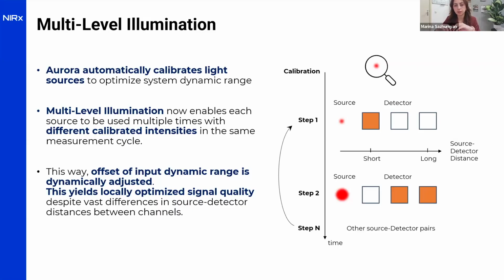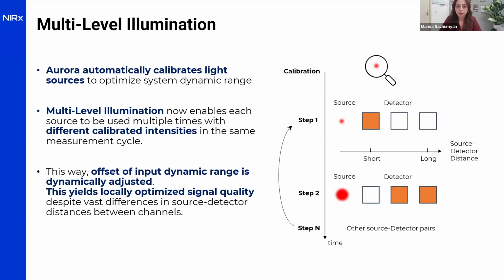However, when we have multiple variable distances, then we want to make sure that we manipulate our source brightness for the shorter channels and for the longer channels differently, as is shown in the figure here. So the way that this is done by the multi-level illumination is that we can set a threshold that will separate our sources into longer and shorter channel groups, and we will have double the illumination of each source. So each source will be illuminated twice at different intensities for the first group versus the second group.